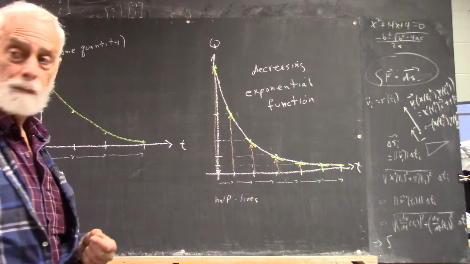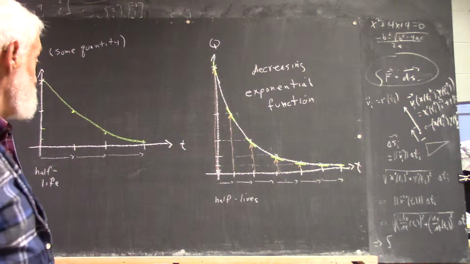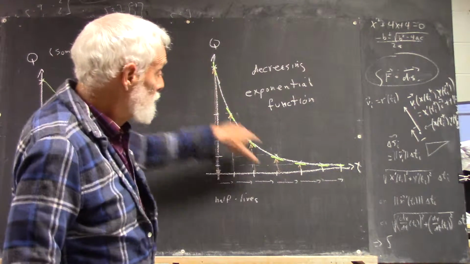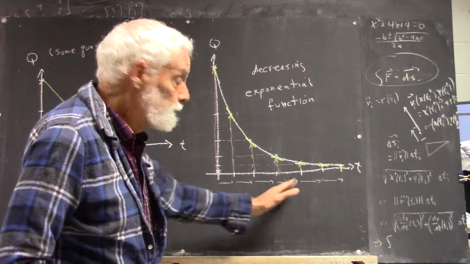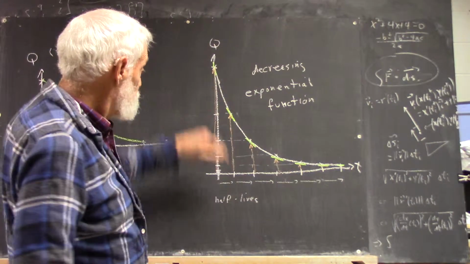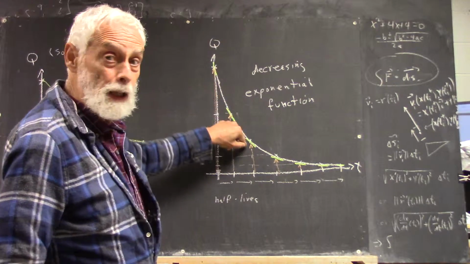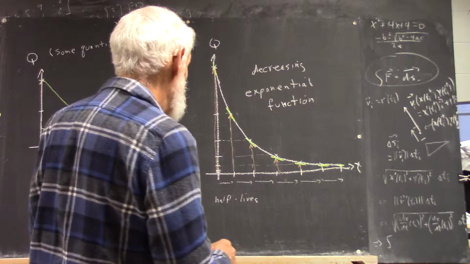Now, a property of exponential functions is, this is exponential. These arrows, each arrow is half as great as the one before, and they're equally spaced along the t-axis, right? Well, the same is true of the slopes. Each slope is half the slope of the one before.